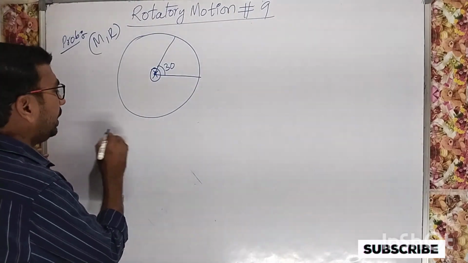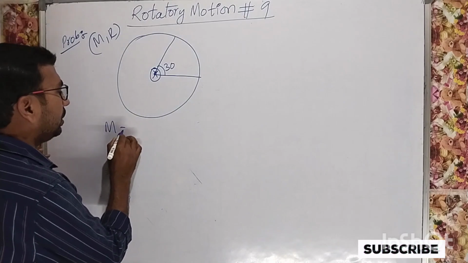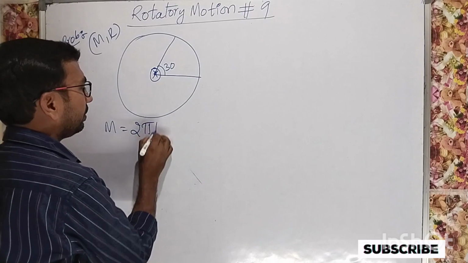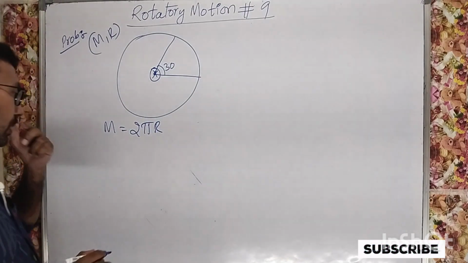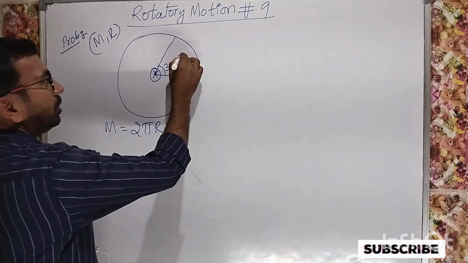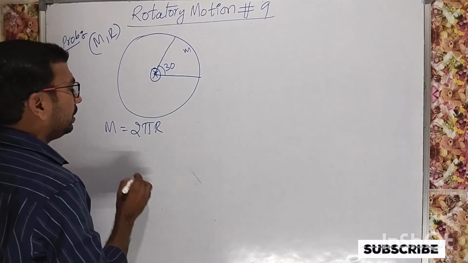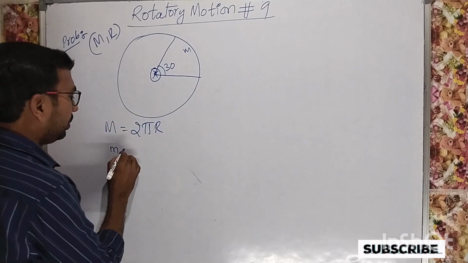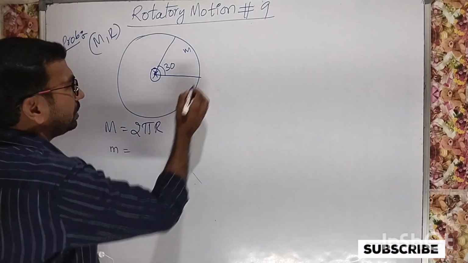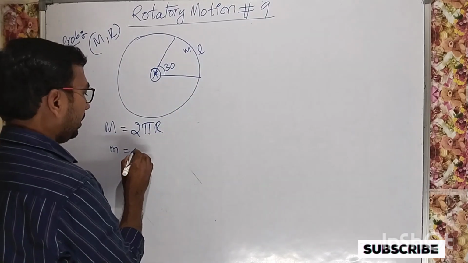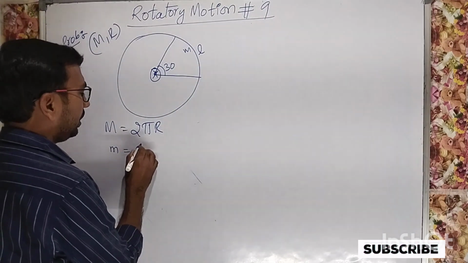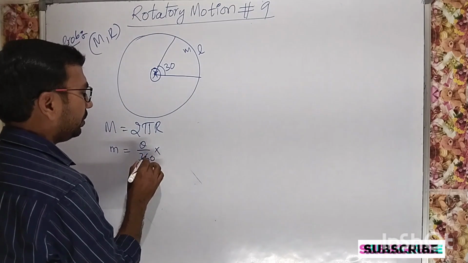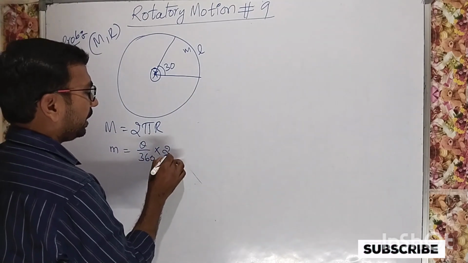First, you can find out capital M is equal to the total circumference, which is 2 pi r. So I will consider this a small m. Small m is equal to the removed portion, so this arc length is L. So L is equal to theta by 360 into 2 pi r.